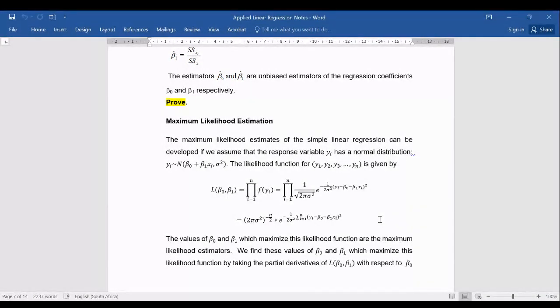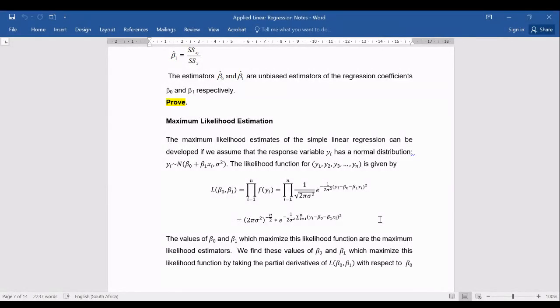So we have to use the normal distribution that we discussed last year, which is given by 1 over the square root of 2 pi sigma squared, e to the power negative 1 over 2 sigma squared, yi minus the mean, mu. And mu is the population mean.